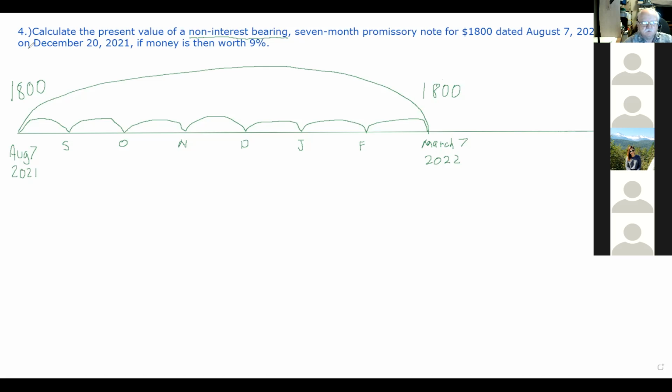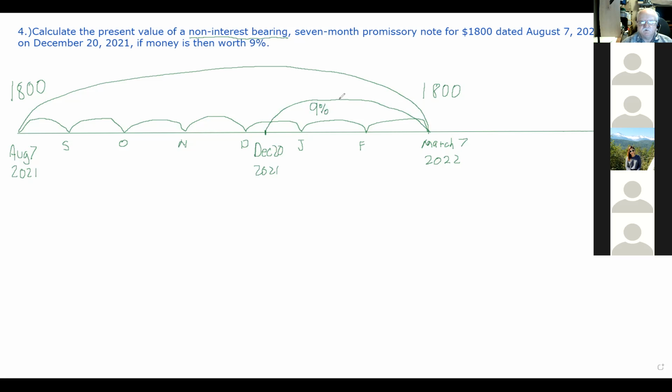It's this next piece of information that is very cryptic. What this tells us is that on December the 20th, 2021, this piece of paper was sold to somebody. And this second person only bought this piece of paper on condition that they would get 9% on their investment.